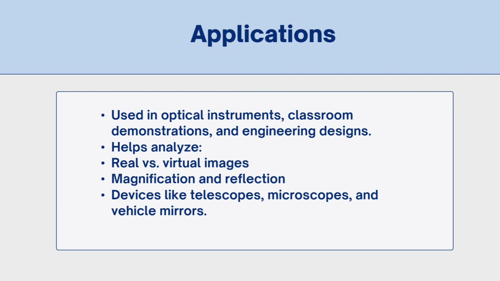Spherical mirrors are applied in optical instruments, classroom demonstrations, and engineering designs. They also help analyze real versus virtual images, magnification, and reflection. Concave mirrors are used for magnification and focusing light, and examples are telescopes, microscopes, makeup mirrors, car headlights, and flashlights.